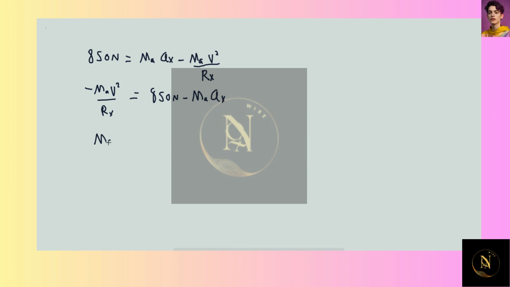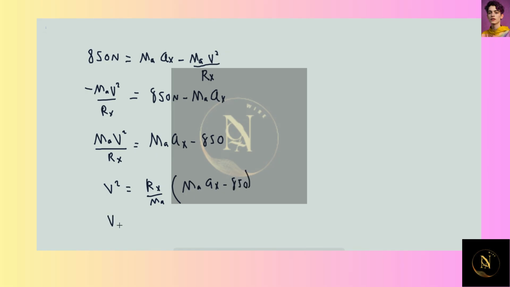So mass of the astronaut times v squared over r_x equals m_a a_x minus 850. Then v squared equals r_x over m_a, multiplied by m_a a_x minus 850. And finally we can get v by itself.